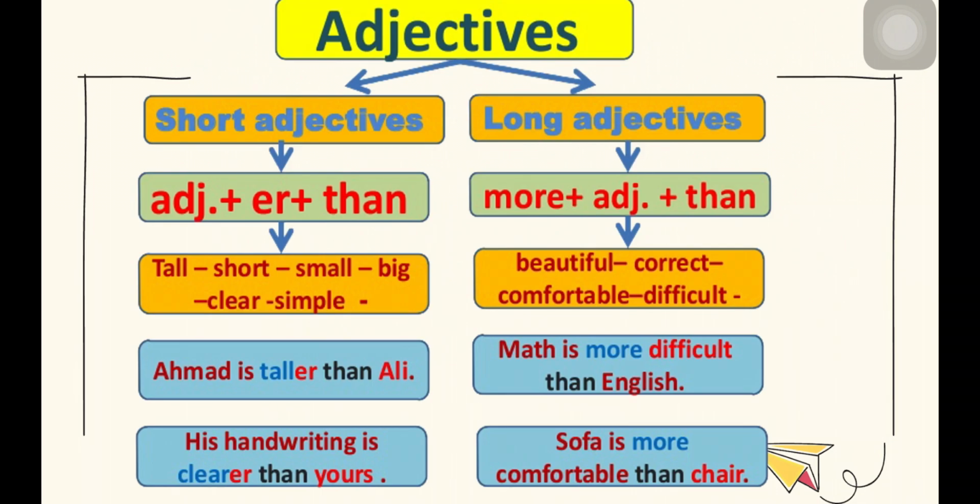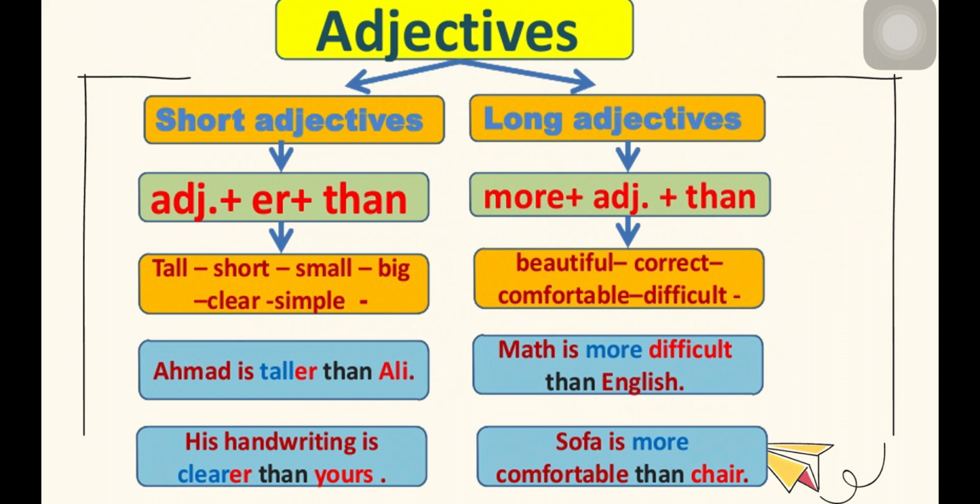As you can see, adjectives are divided into two types, short and long adjectives. Short adjectives are like tall, short, small, big, clear, simple. This is called a short adjective, or an adjective that has one or two syllables.